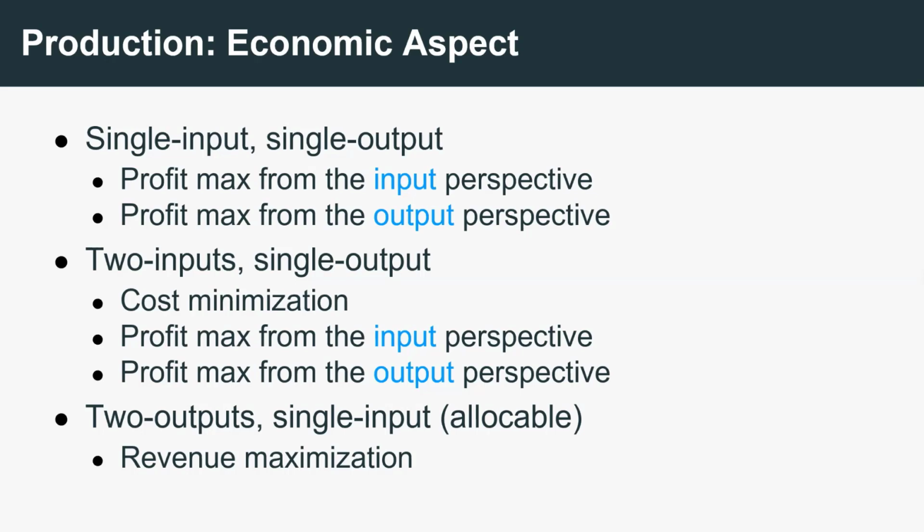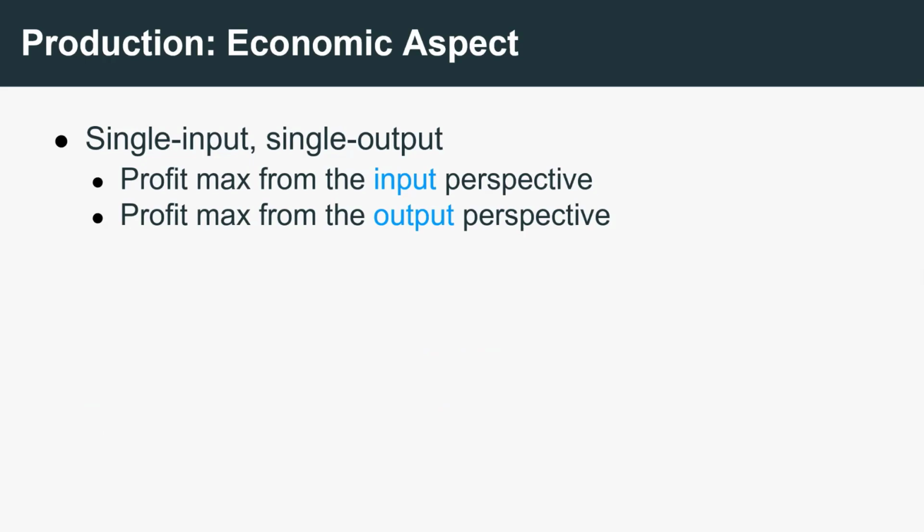I will cover the conditions for all those different maximizations and minimizations in a later slide, but here I just want to list what we have done so far. So when there are 2 outputs and a single allocable input, we did revenue maximization, and we also did profit maximization.